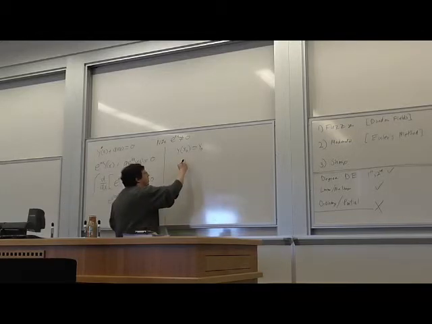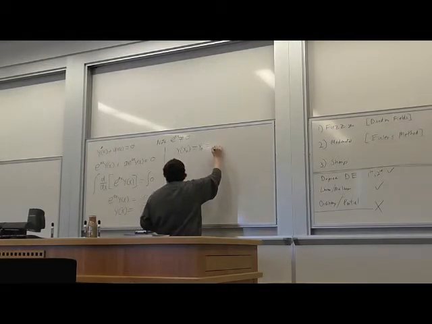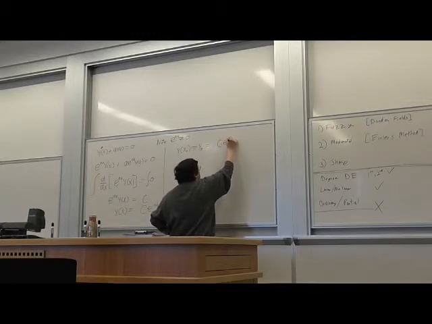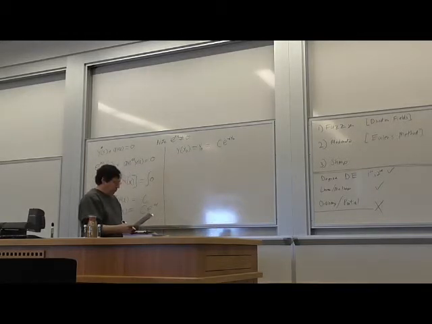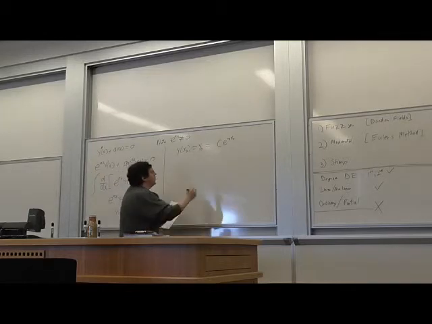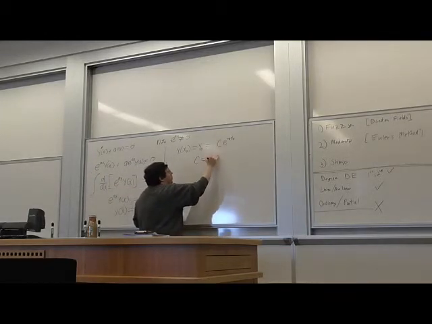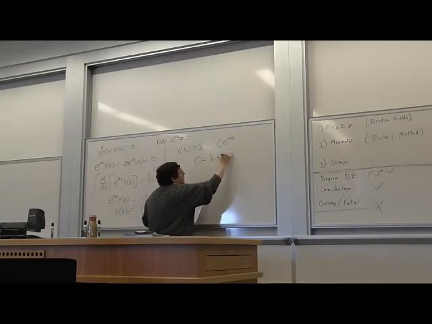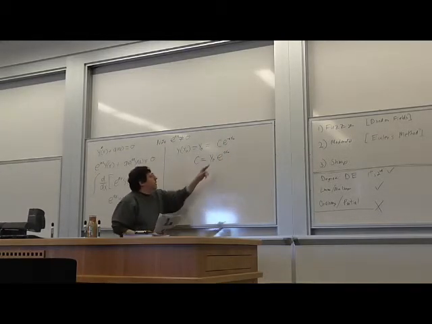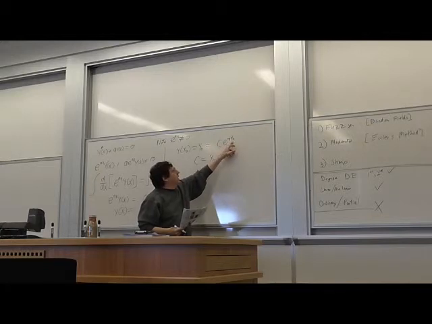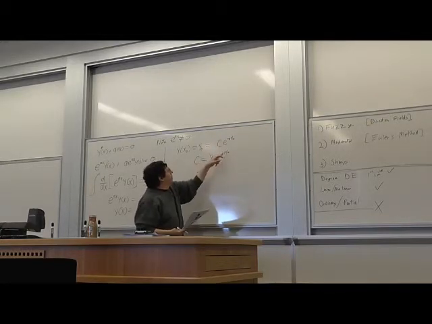We can say y naught is equal to c e to the minus a x naught, which means that c is equal to y naught e to the a x naught. I just multiply by e to the a x naught on both sides.